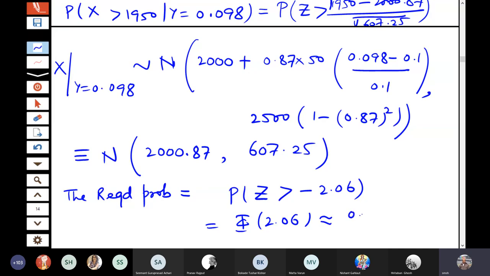That is approximately 0.98. So these calculations are okay? Yes, sir.